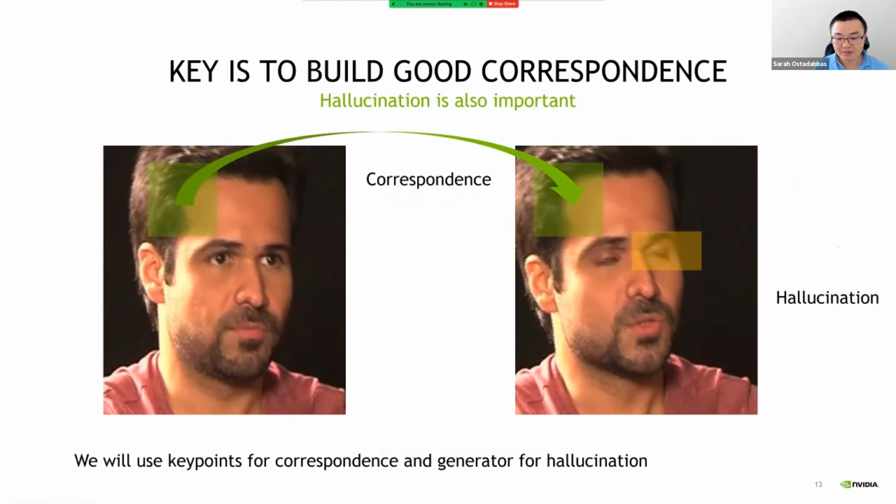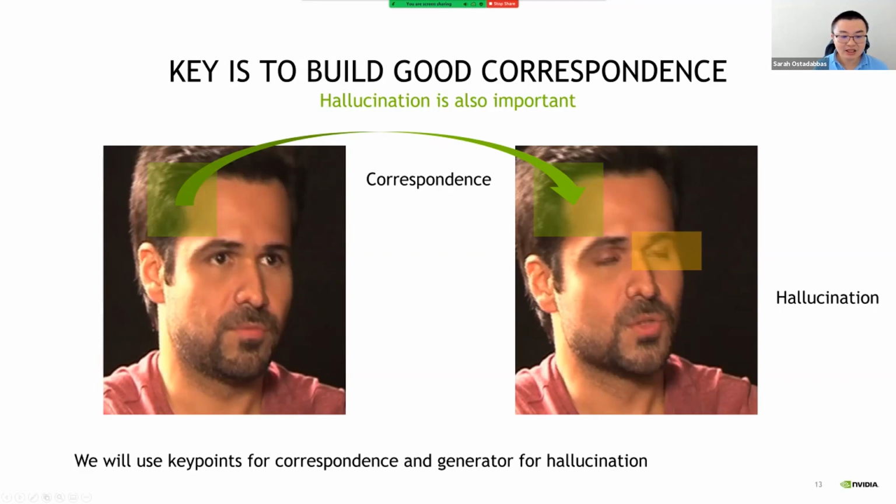In the traditional video codec, they use something called motion field estimation. But here we're going to use some kind of sparse correspondence. The idea is if you can borrow a region to reconstruct a frame at a different time, then you should borrow it. But there will be places where you cannot borrow.